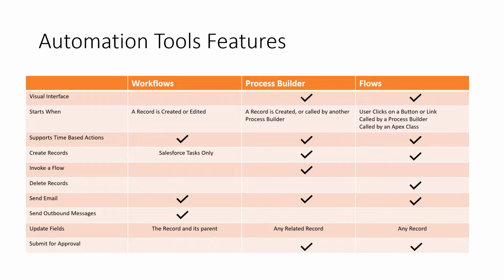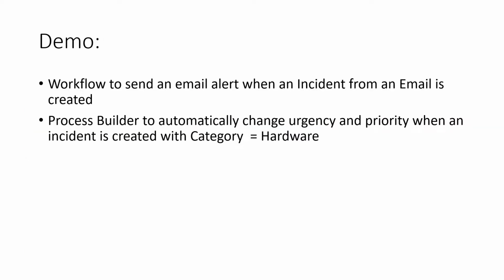Okay, so we're going to see a couple of examples here. Initially, we will begin with something real simple. We're going to create a workflow to send an email alert when an incident from an email is created.